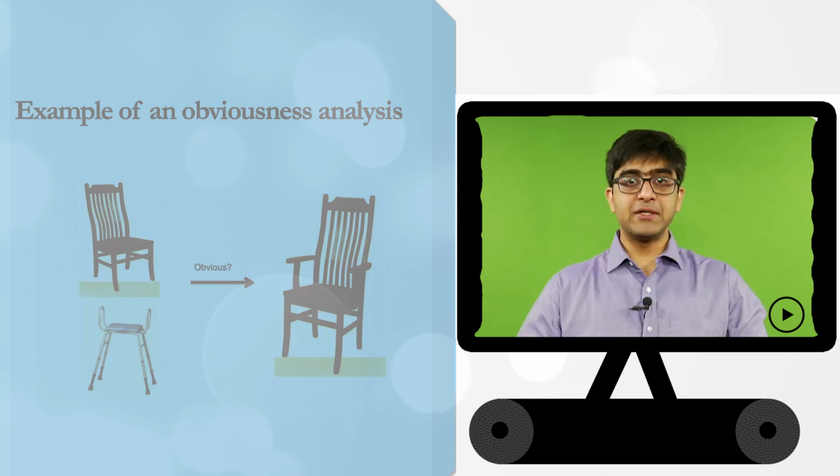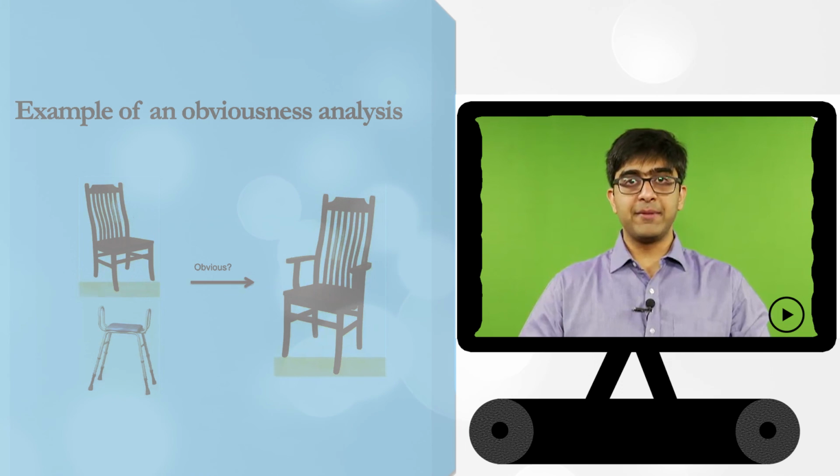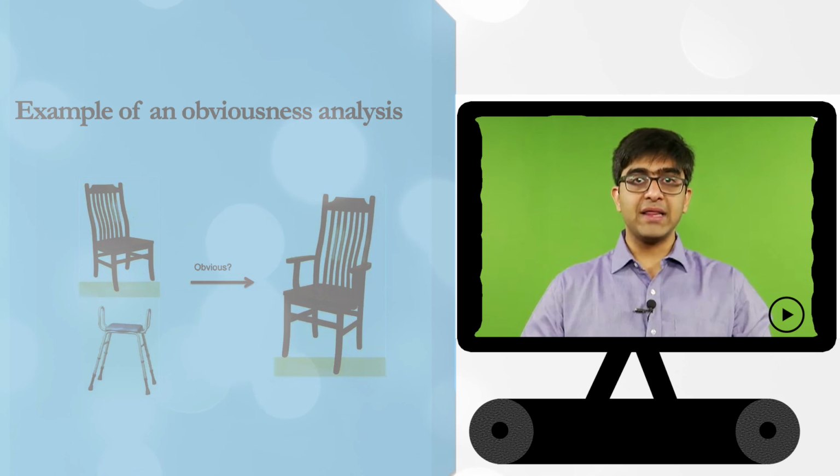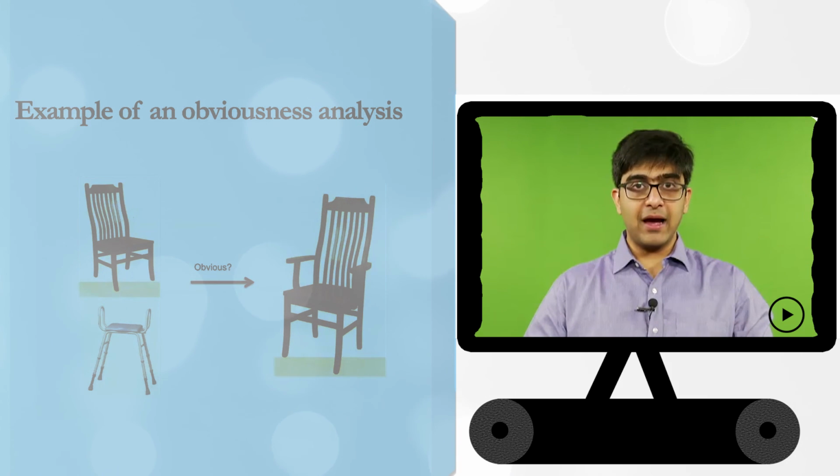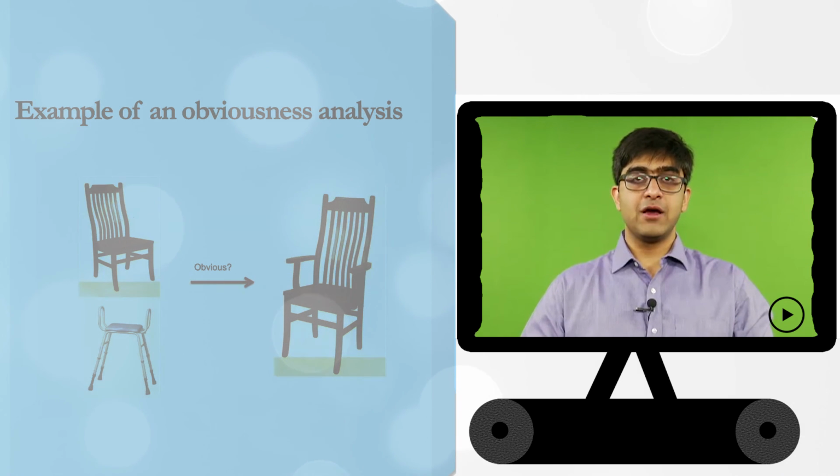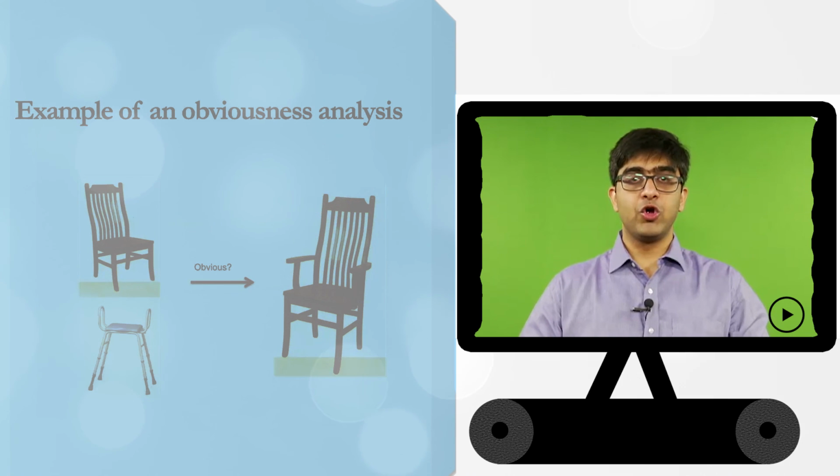That is, if a person skilled in the art read the reference relating to the chair without the armrest, and then he read the reference of the chair or the stool with only an armrest, but without the backrest, would he have combined the 2? Would it have been obvious for him to combine the 2 references? And after reading these 2 references, would it have been obvious for him to combine the teachings of these 2 references and come up with the chair that we have claimed in this invention?